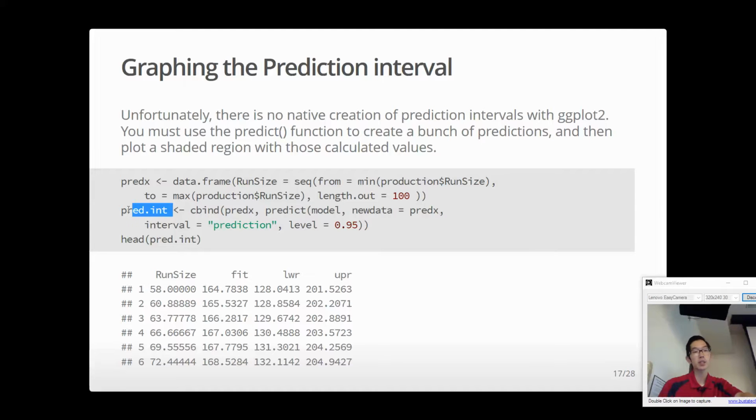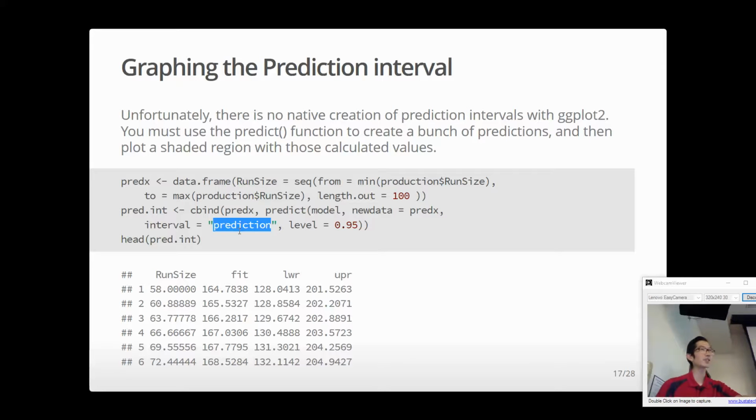And then we're going to say make a prediction interval data frame where we're going to bind the columns of the x value, that one column run size, and then we're binding it to the output of prediction where we're using the model and we're feeding it as x values what to use for our new data. And we're creating a prediction interval.